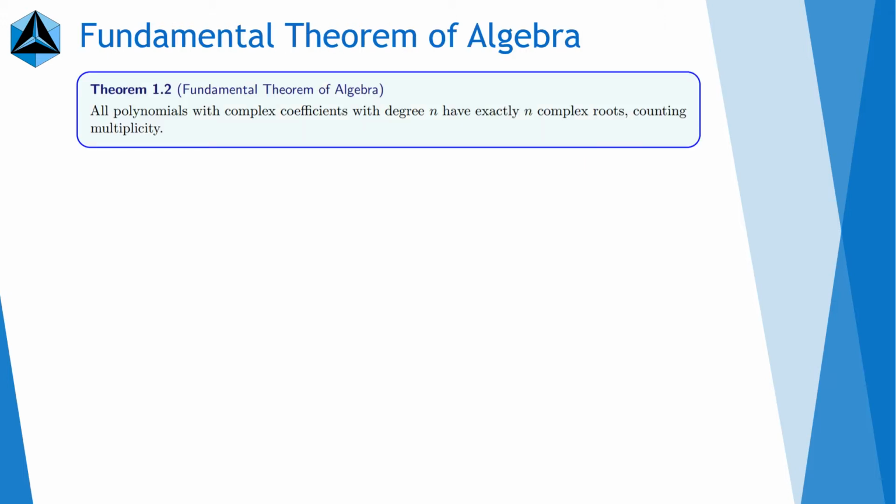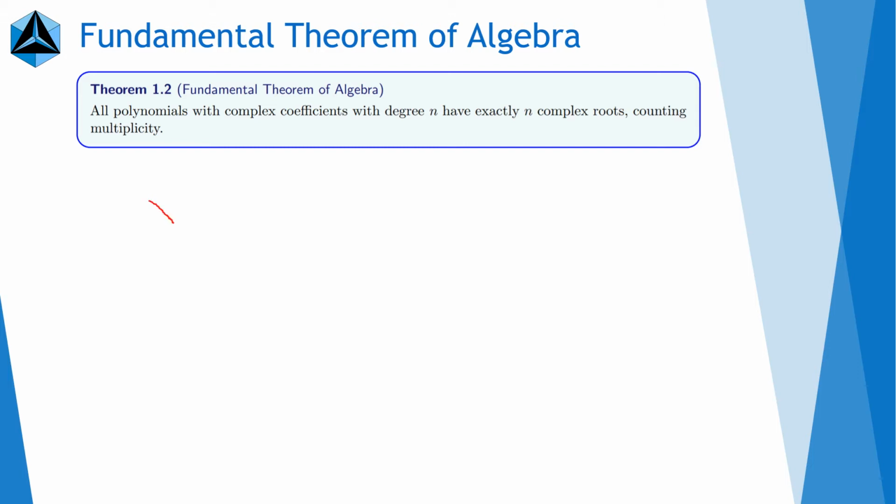Another important theorem that we have to go over is the fundamental theorem of algebra. It states that any polynomial with complex coefficients of degree n has exactly n roots, counting multiplicity.